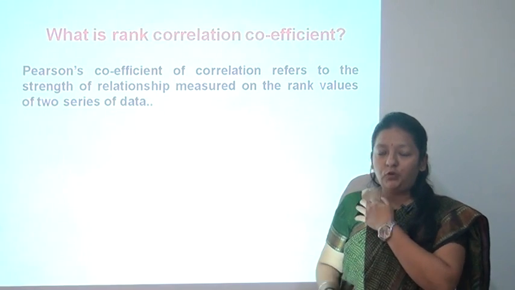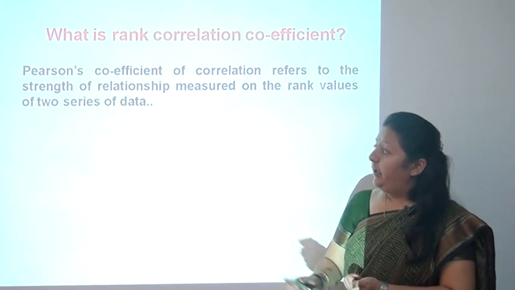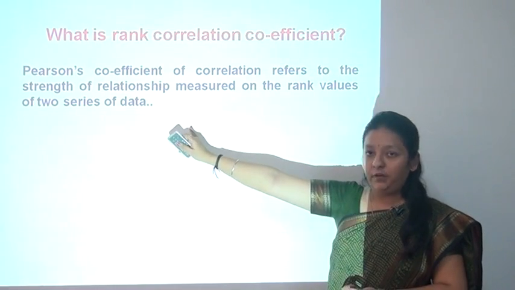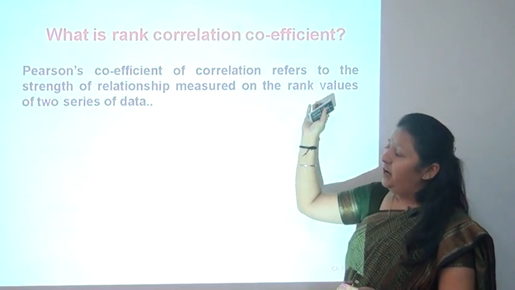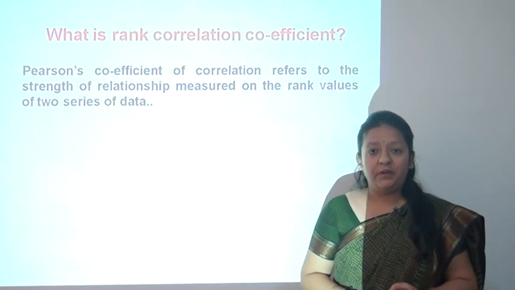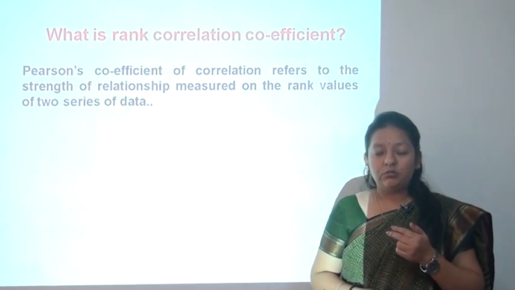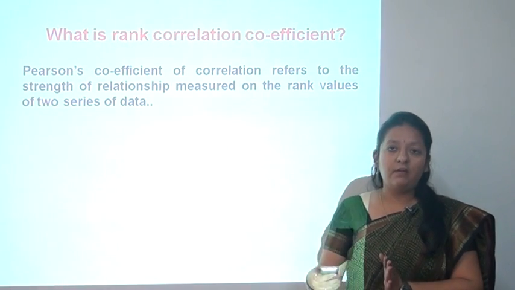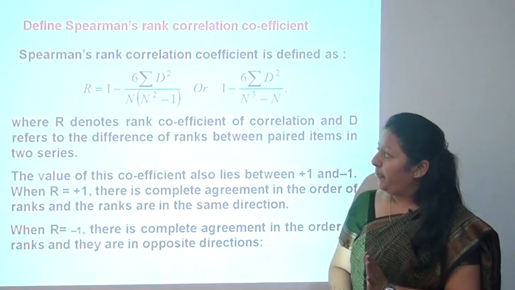Now what is the rank correlation coefficient? Pearson's coefficient of correlation refers to the strength of relationship between two series of data, whereas the rank correlation shows the relationship in terms of the ranks given to each individual variable.